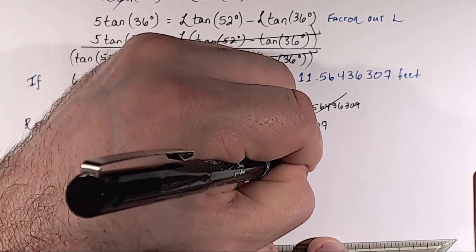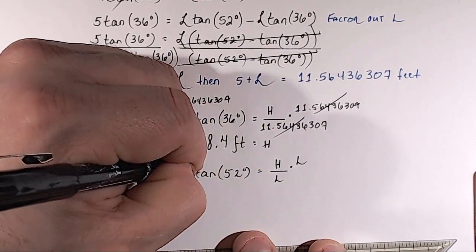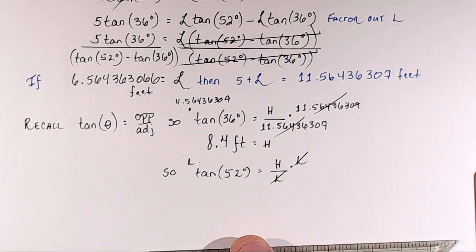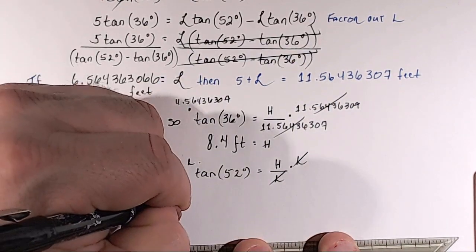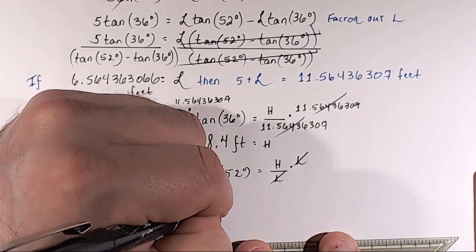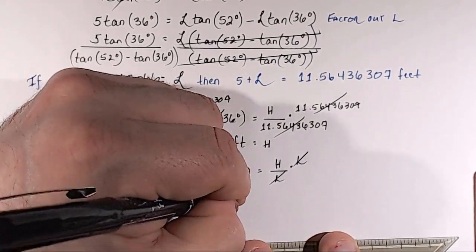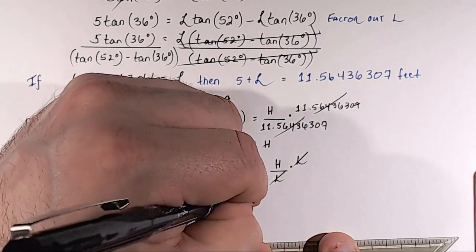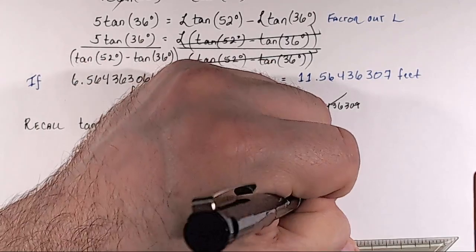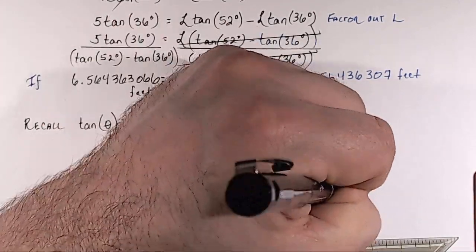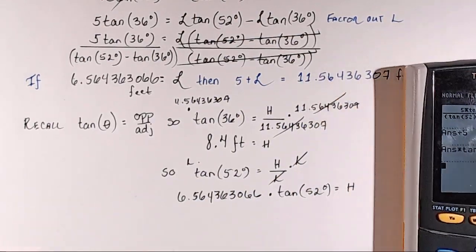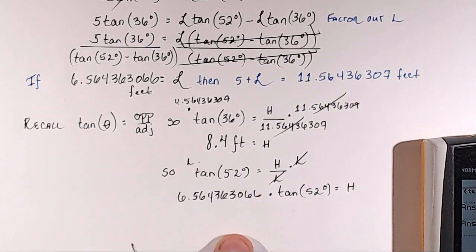So if we want to get H by itself, we can just multiply like that. And then we have this to substitute in. We got 6.564363066 times tan of 52 degrees equals H. We'll just verify this should equal 8.4.